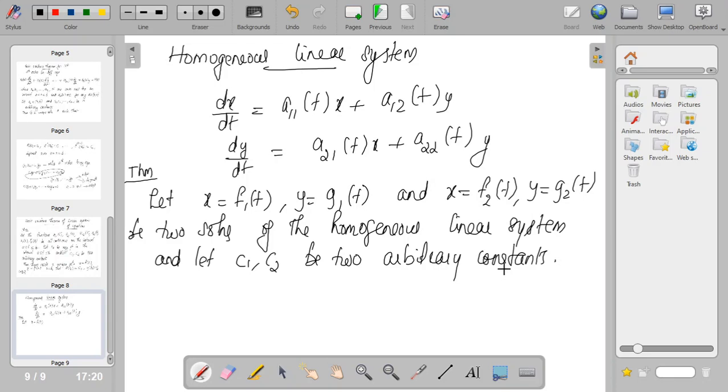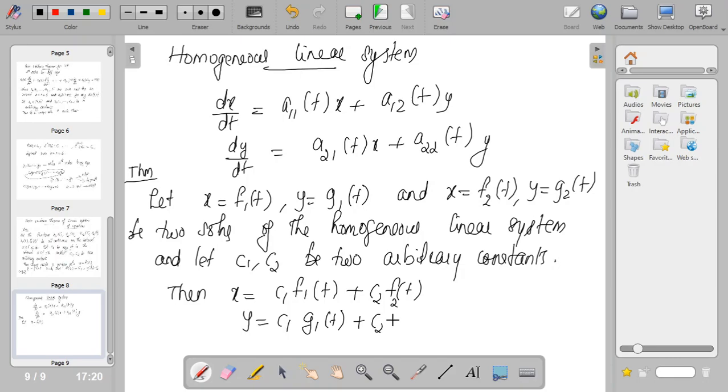And now if this is the case, then x equal to c1 f1 of t plus c2 f2 of t and y equal to c1 g1 of t plus c2 g2 of t is also a solution.